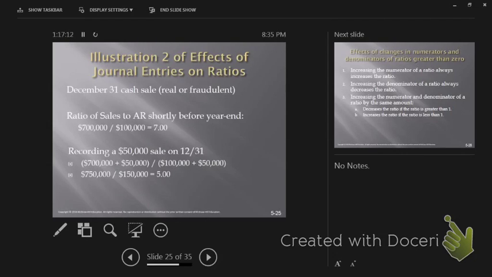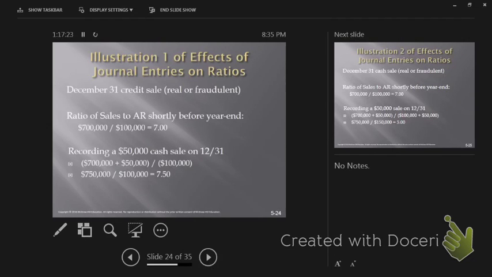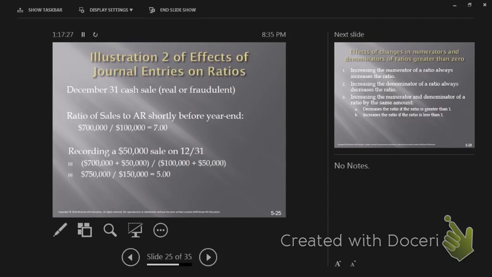If we take that same example, did I hit the button? Yeah. If we take that same example, but now it's a cash sale, okay, the other one was a credit sale, all right? So this time, sales to accounts receivable is still the 7, but now it's an accounts receivable sale, and notice the ratio goes down.